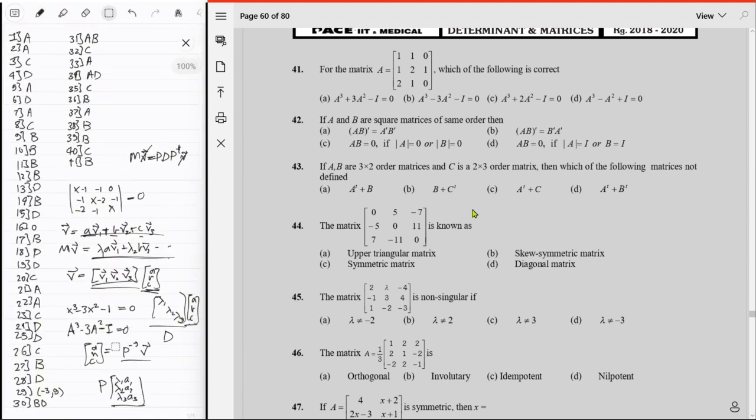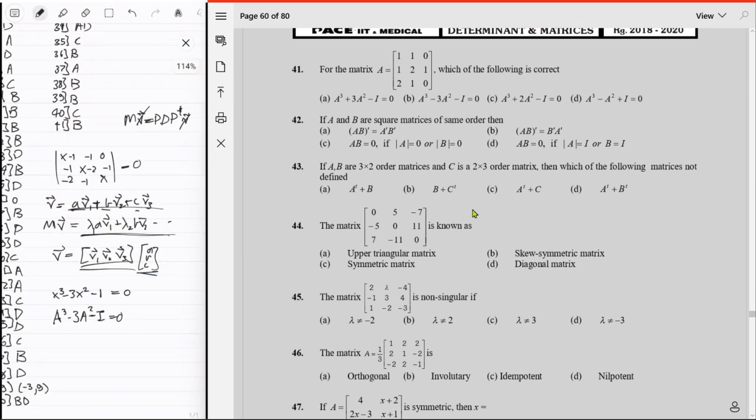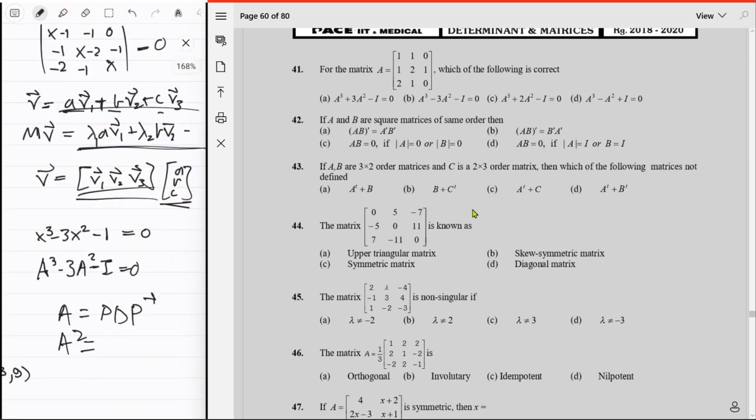So our A is just P D P inverse, right? But that means A squared is P D P inverse applied on P D P inverse. But that is once again just P D D P inverse, which is just P D squared P inverse.